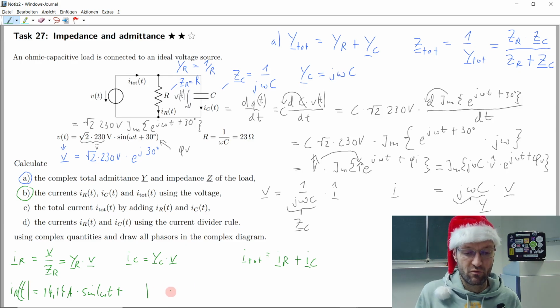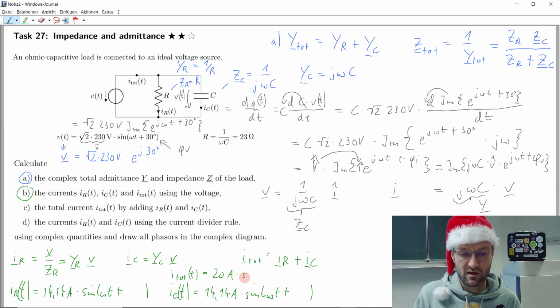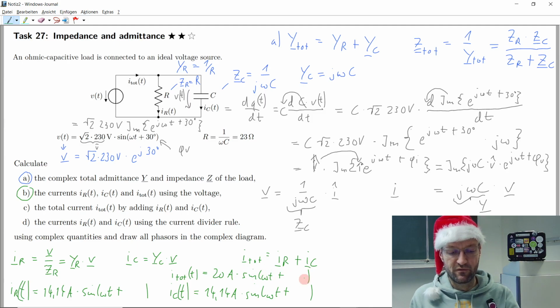The current through our capacitor as a function of time is also 14.14 ampere times sinus omega t, and we also need to calculate the phase there. And then the total current, should be 20 ampere times sinus omega t, and we also need to calculate the phase there.